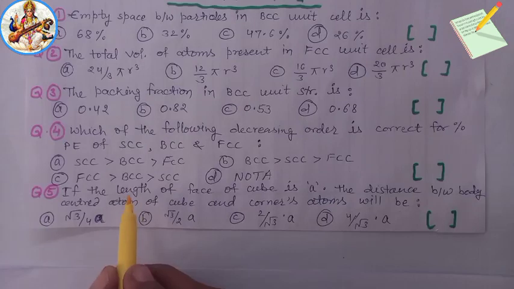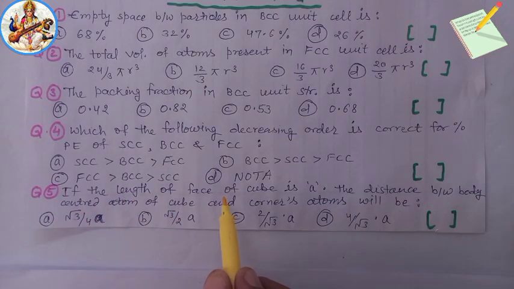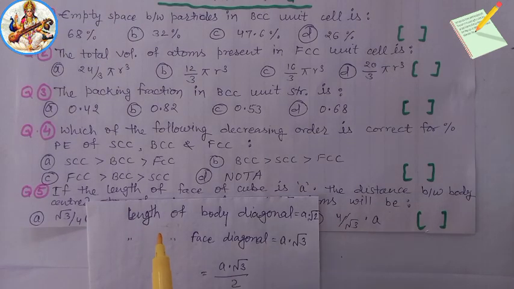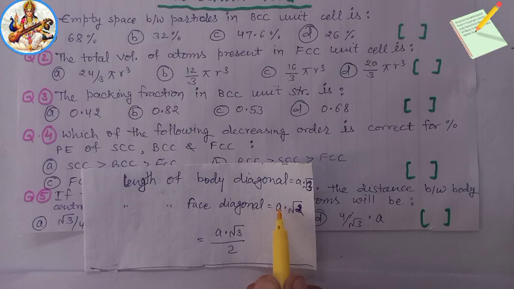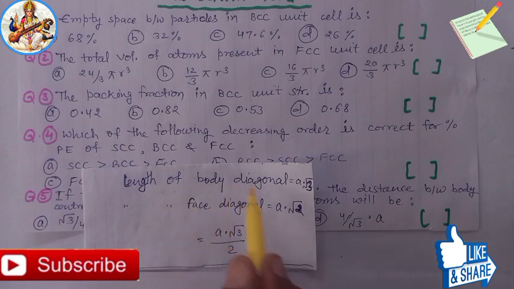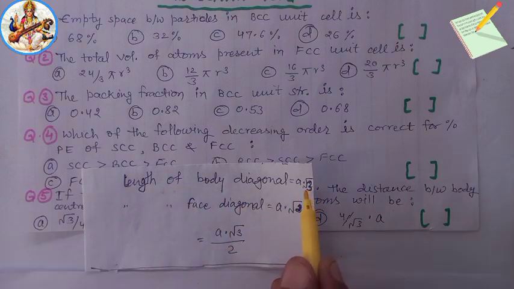Very important question. Now next, last question. If the length of face of cube is small a, the distance between body centered atom of cube and corner atoms will be option A, B, C and D. We know that length of face diagonal is a into root 2, whereas length of body diagonal is equal to a root 3.